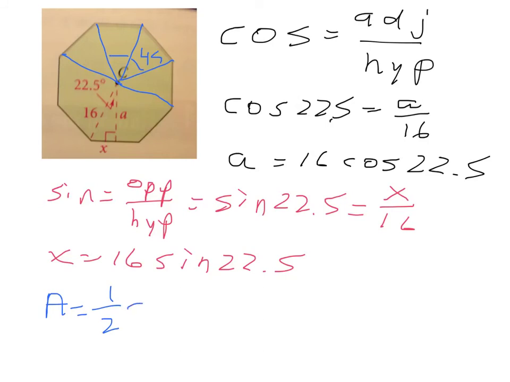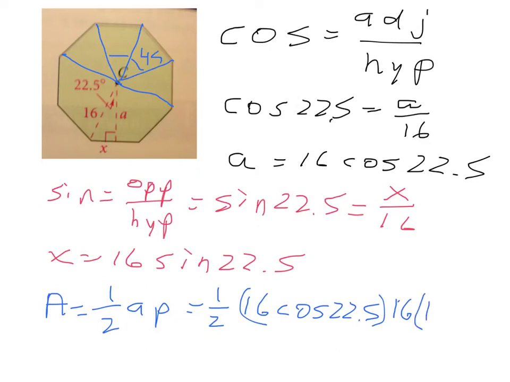The area equals 1/2 the apothem times the perimeter. So you're going to do 1/2 the apothem, which is 16 times the cosine of 22.5, and the perimeter is going to be 16 times x, and x is 16 times the sine of 22.5.